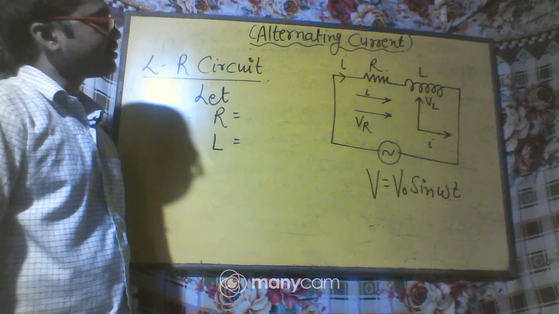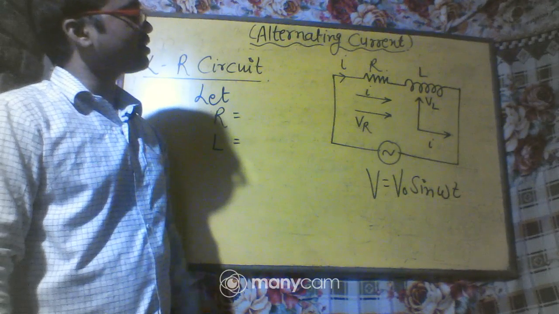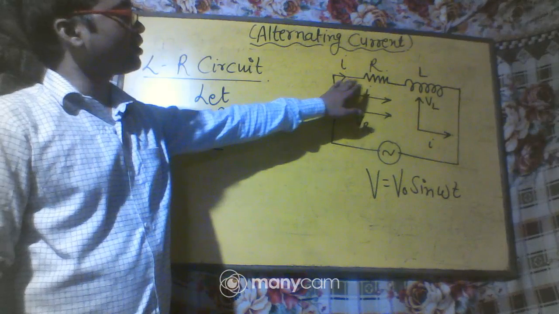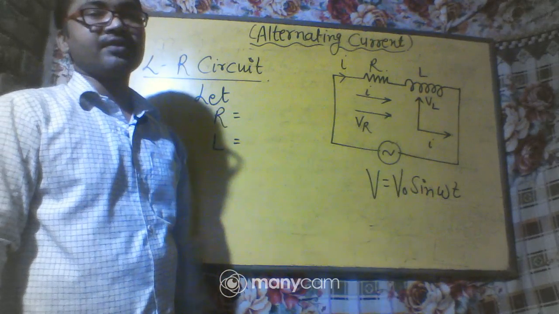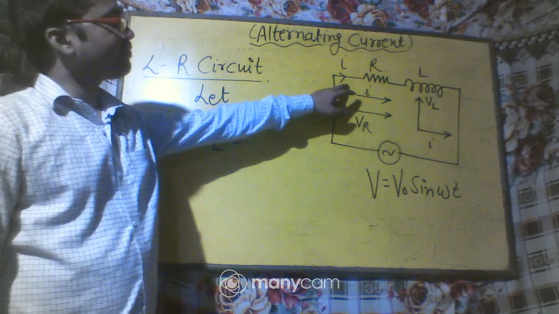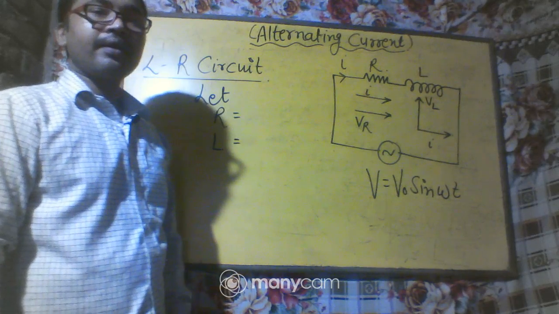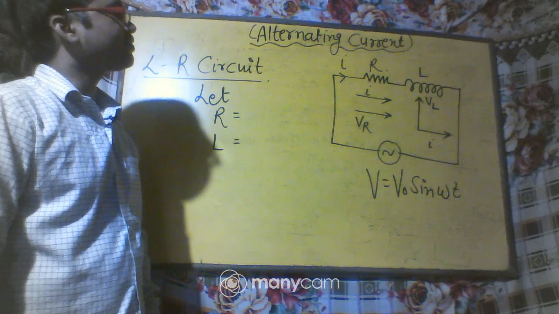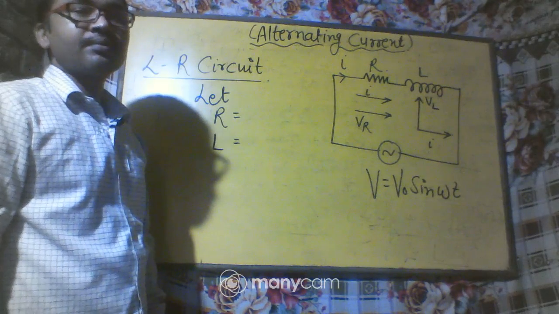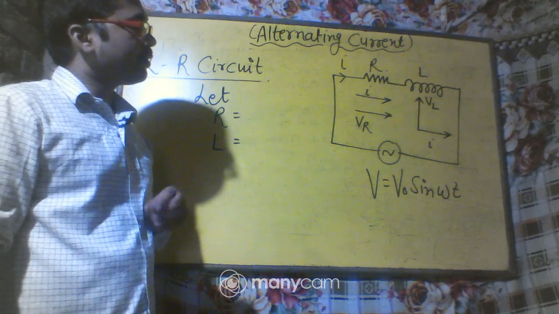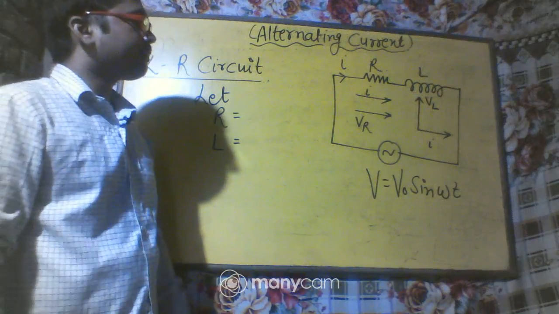Since the resistor and inductor are connected in series, the current I flowing through them will be the same. But the potential differences across the two elements will be different, because in a series combination the potential difference across different elements may differ.